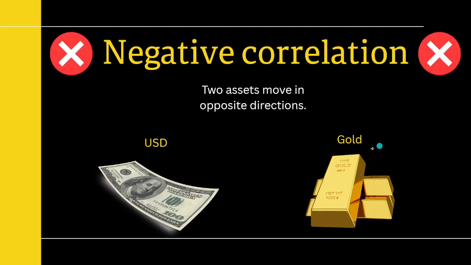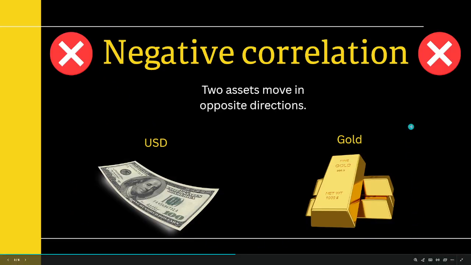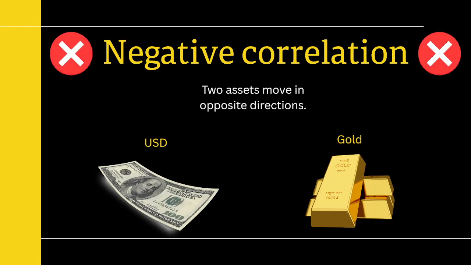So if you're ever analyzing gold and you find a nice buying opportunity and then you go on USD and find a similar buy opportunity, that means that something's wrong. And that is why it is important to know which pairs or which financial markets are negatively correlated, to be able to identify and find possible traps with your trading.